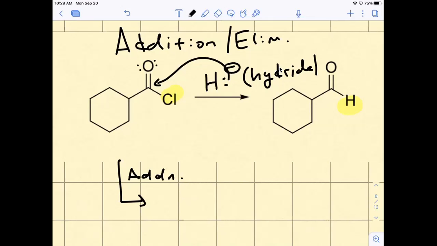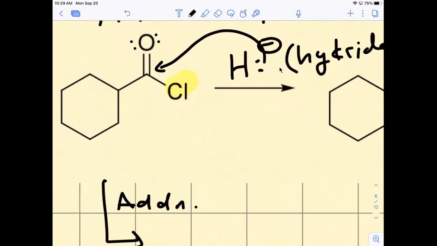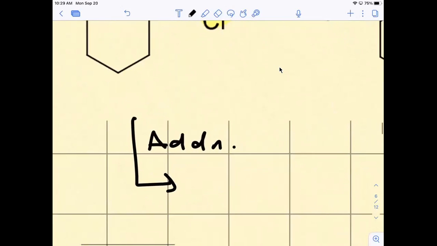Wait. It'll have 5. Oh, and that doesn't even exist in the Marvel universe with Thanos and all the characters. We'll never have a carbon with 5 bonds to it. So anytime I add to a carbon that contains a pi bond, I have to break the pi bond. In this case, I'm breaking it and giving those electrons to oxygen.